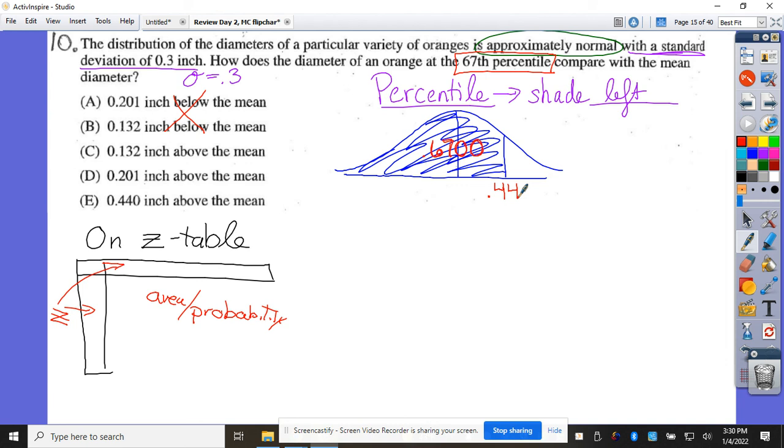Now, this is asking how it compares with the mean. So is my z what I'm asking for? If I said what is the definition of a z-score, what is it?